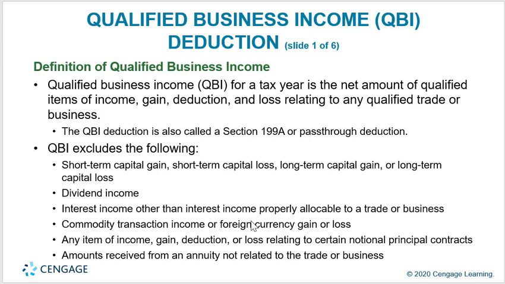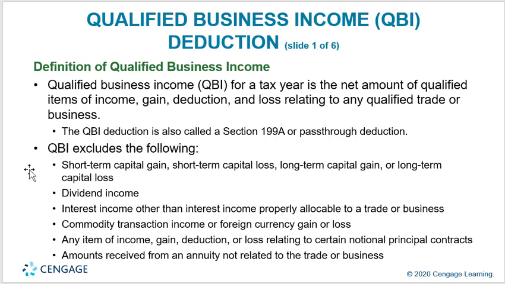Definition of qualified business income. Qualified business income for the tax year is the net amount of qualified items of income, gain, deduction, and loss relating to any qualified trade or business. The QBI deduction is also called a Section 199A or pass-through deduction.